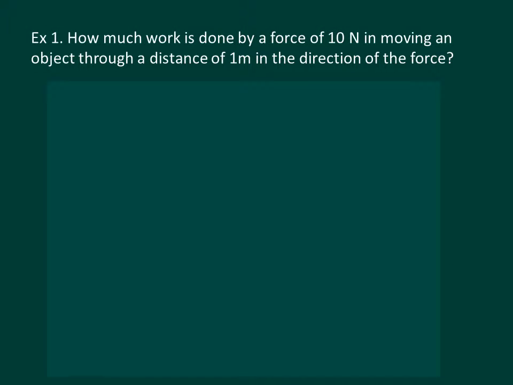Now let us read the question. How much work is done by a force of 10 Newton in moving an object through a distance of 1 meter in the direction of force? Our formula is W equal to F into S. The force is given as 10 Newton, and the distance S equal to 1 meter.